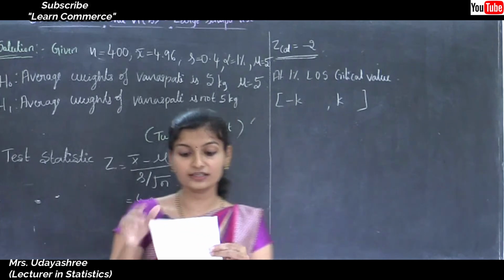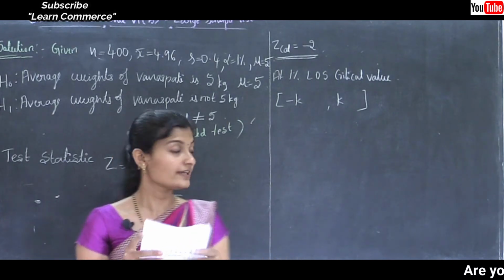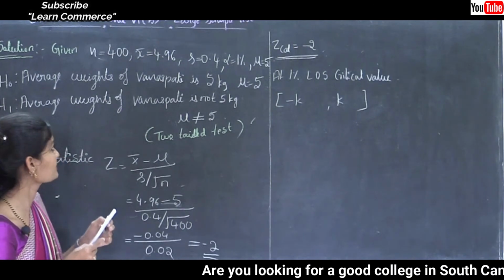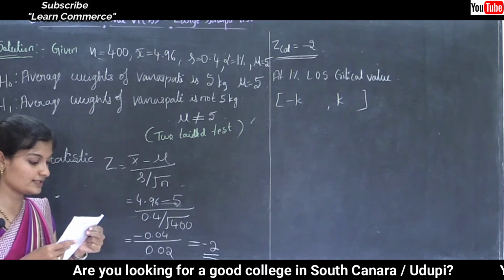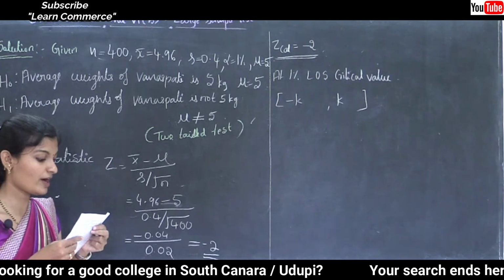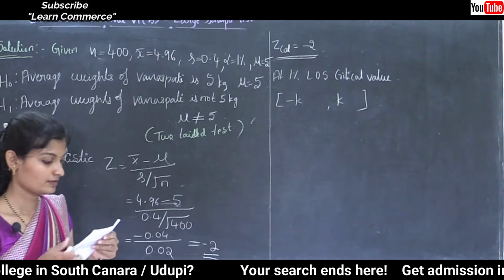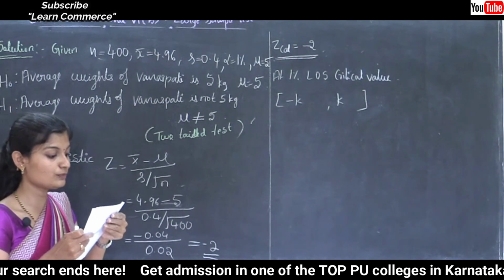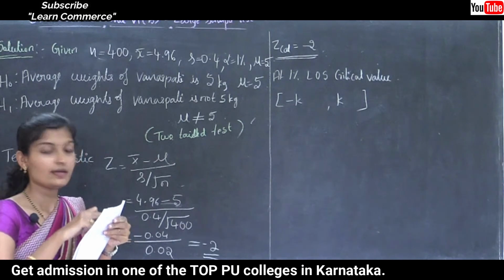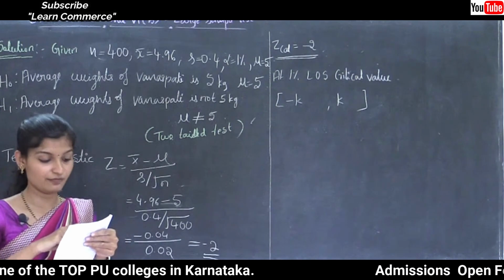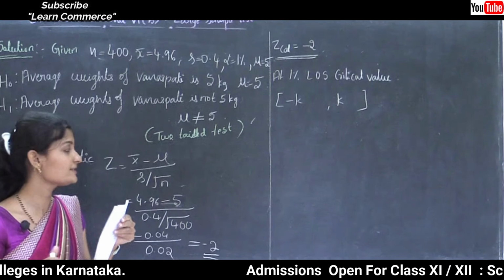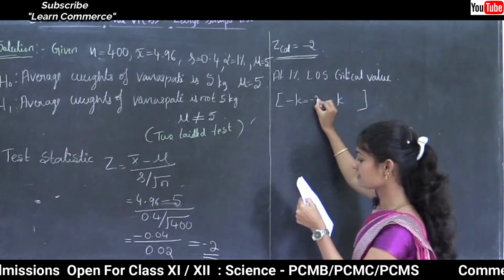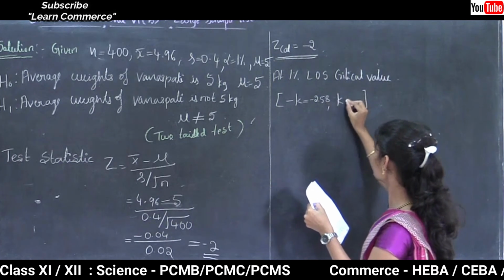Now here in statistical table, alpha is 1% level of significance and this is two-tailed test. So here k value is 1.96 for 5% level. Under two-tailed test we need to see 1% level of significance. Here k value is 2.58. So here minus k is minus 2.58 and here plus k value is 2.58.